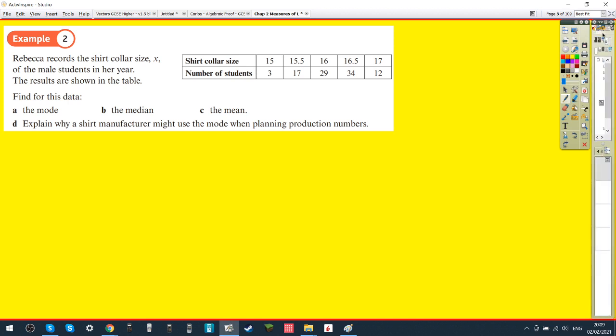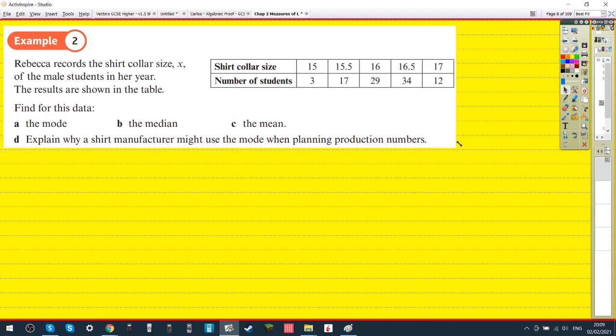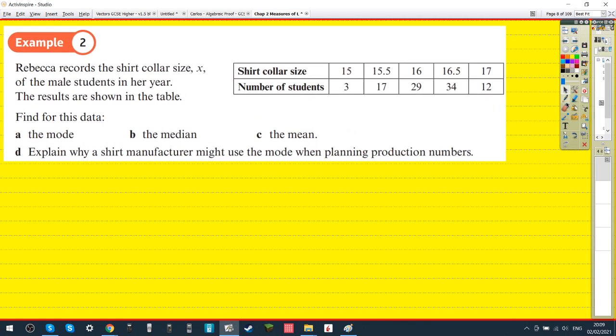Do you remember mode from GCSE? Yeah. So any idea which is the mode? Would that be the number that is seen the most in the data? Mm-hmm.